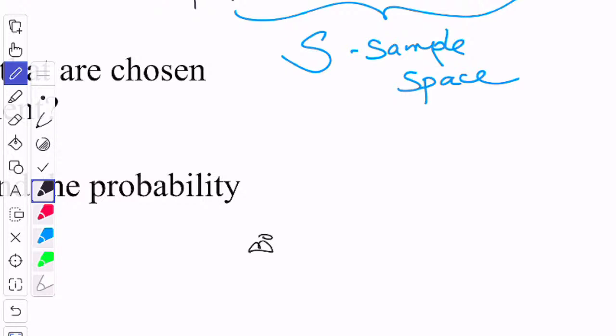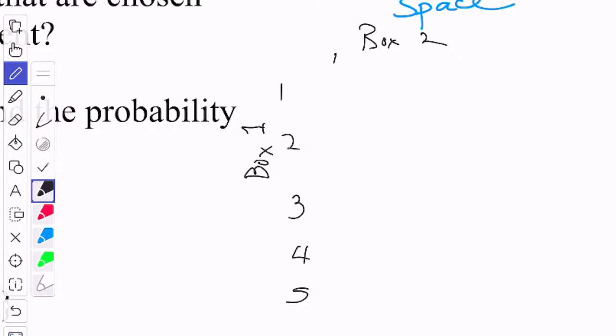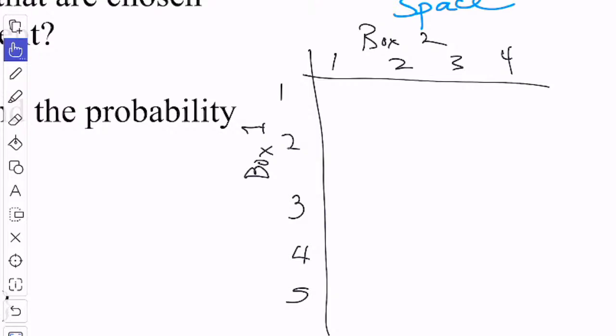Just below here. So that's going to look like box 1, box 2, and we're going to put together 1, 2, 3, 4, 5 with 1, 2, 3, and 4 and sum.